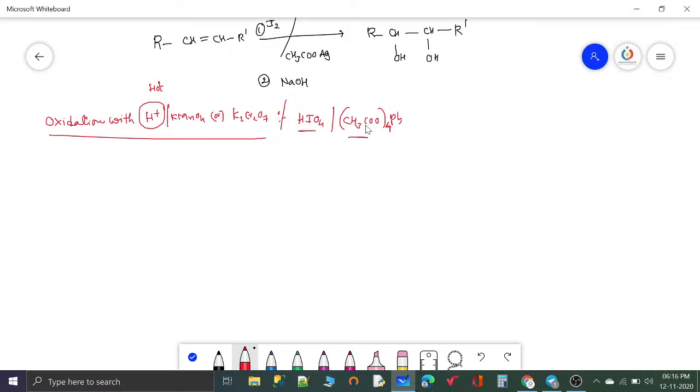HIO4, periodic acid, or lead acetate, or you can use sodium periodate, NaIO4. All these reagents give the same products with alkene molecules, so that I am going to discuss here.